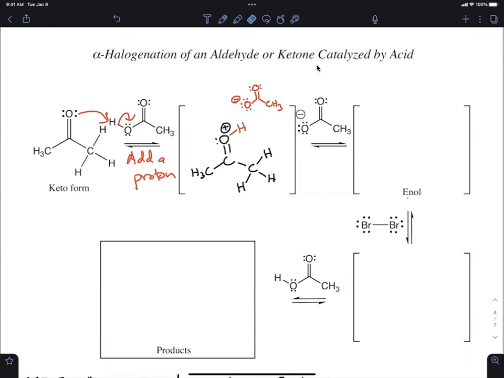You're going to recognize this as actually the enol formation mechanism. As a result, the next step, just like last time, is going to be taking this proton from a carbon to create the enol.